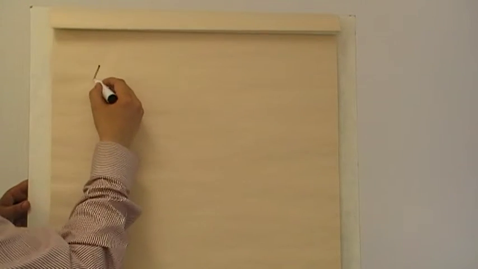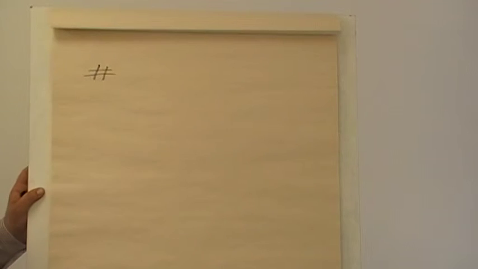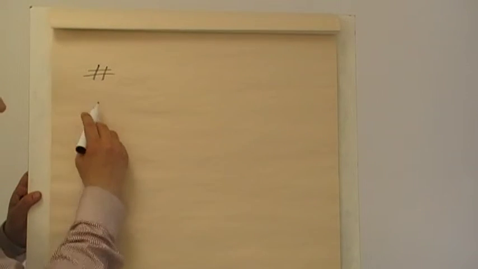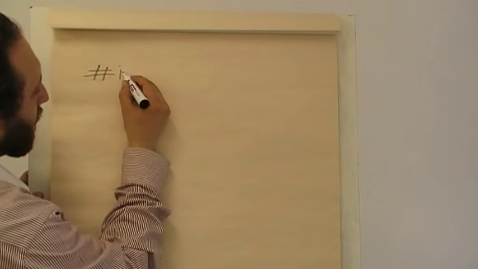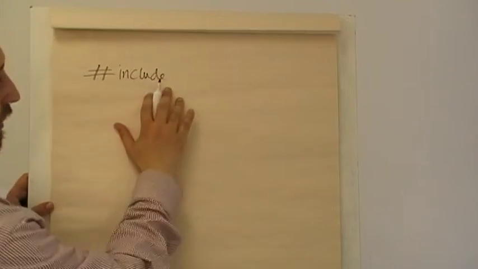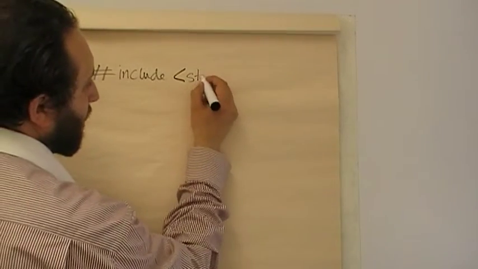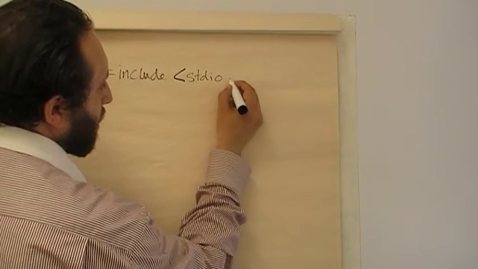We're going to start with a hash initially. This is how you include a file or a library file, a header file in this case. We use the hash symbol and we put include, and we put the less than sign, stdio.h.